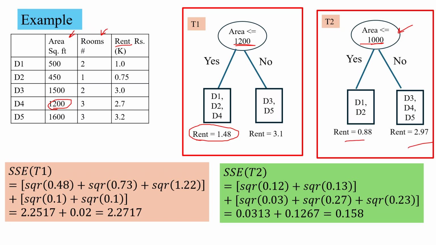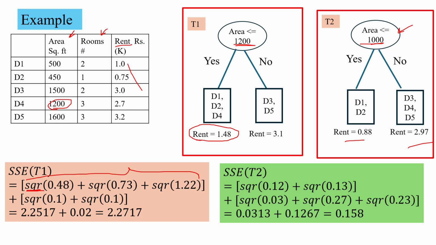Now we compute the sum squared error. In these square brackets we have taken the left leaf and then the right leaf, and likewise here. Just for simplicity of understanding, I have written squared of 0.48. How does this 0.48 come? It is the difference of 1 and 1.48. These are the absolute differences.